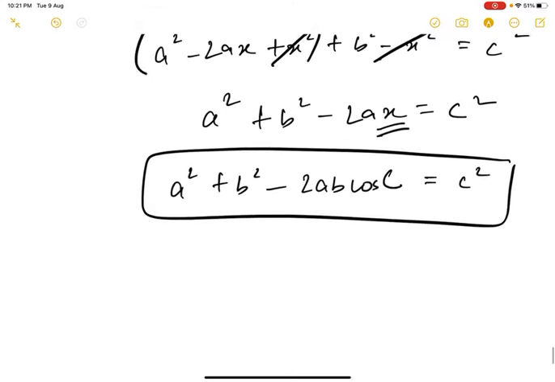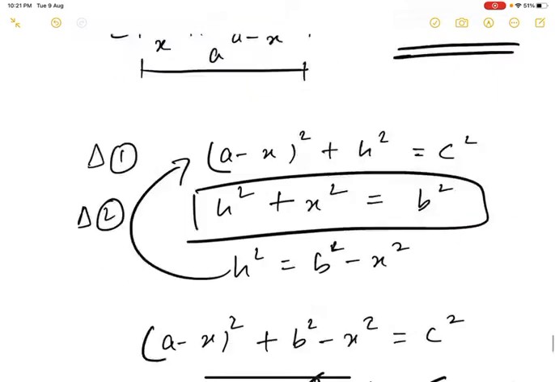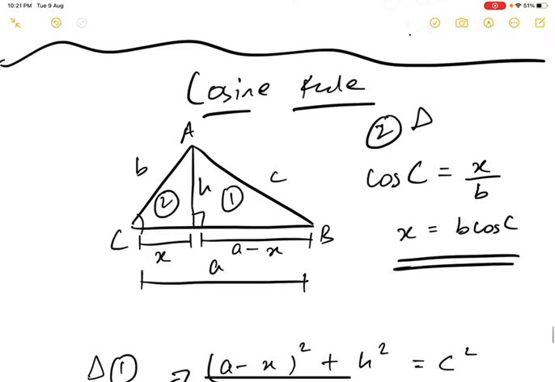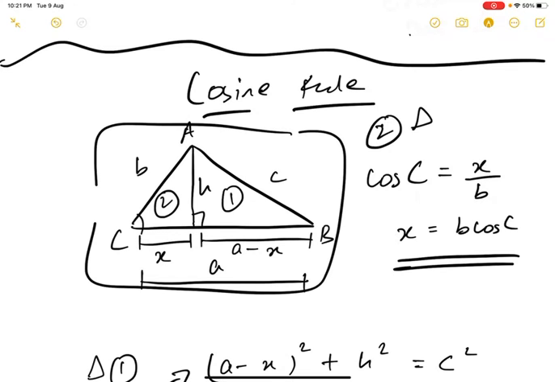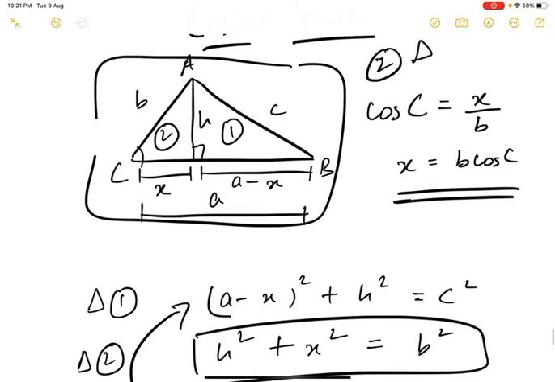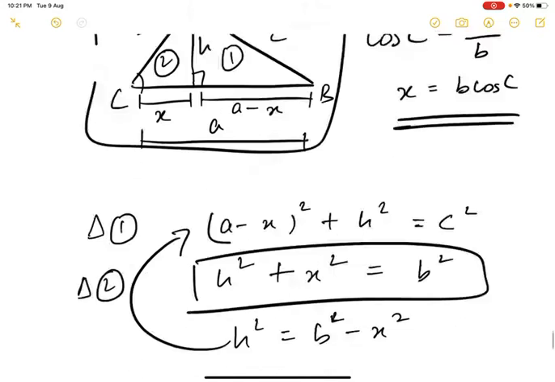So that is your cosine rule. Now here the triangle that I have taken, the big main triangle, is an acute triangle. Acute triangle means all angles are acute. Acute means what? Less than 90, right?